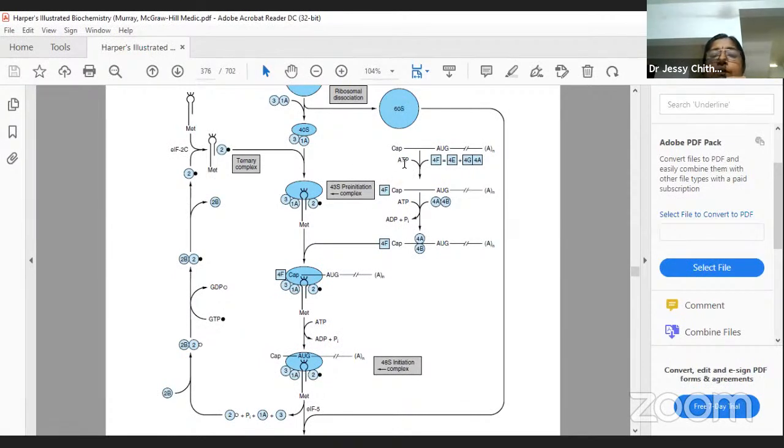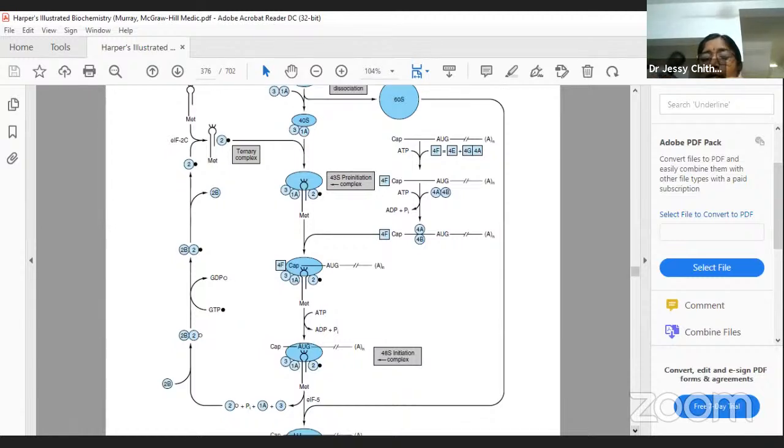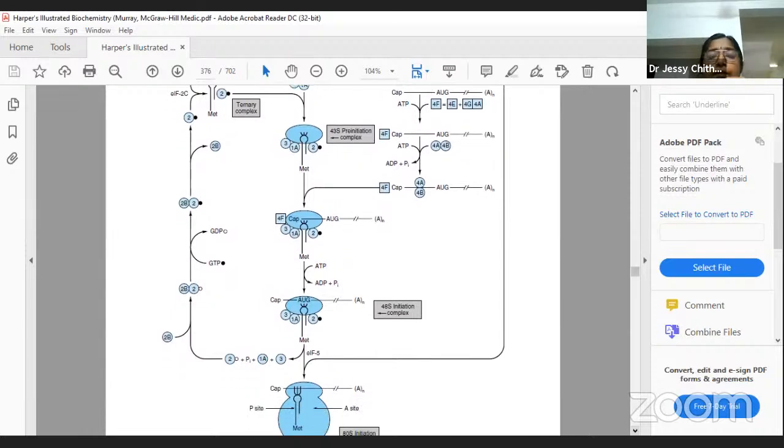And so the 60S subunit can bind to the 48S initiation complex, forming the 80S initiation complex.